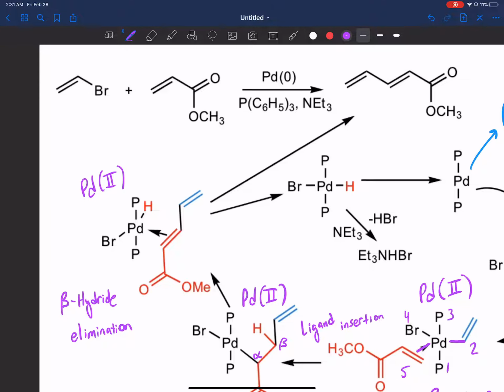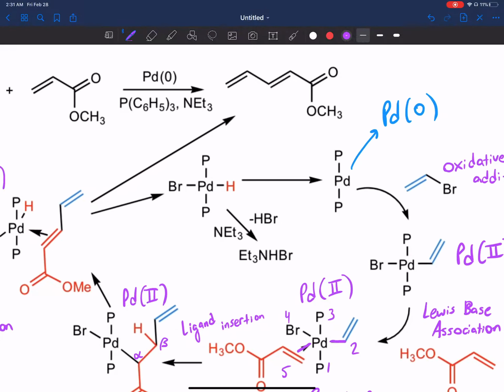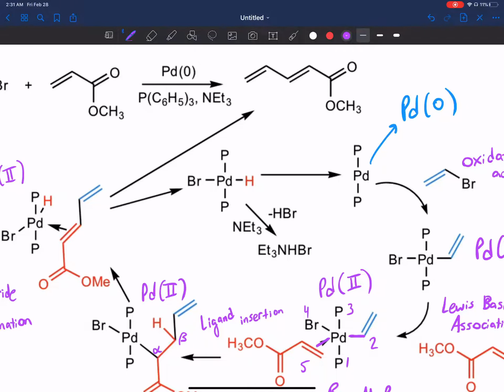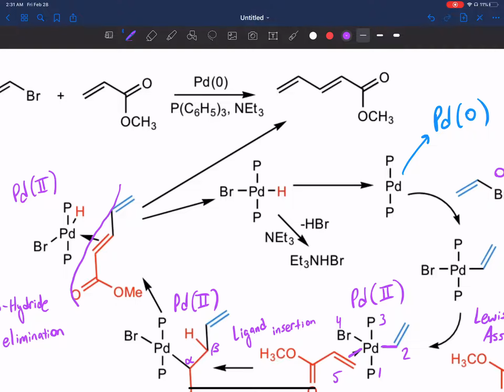So now I'm at this stage right over there, and we just have to finish this up. We have our product right here. We just have to get it off of our metal. In this case, I have this alkene bound to the metal. As it stands, this alkene does not contribute to the oxidation state, because it's bound through the center of the alkene.